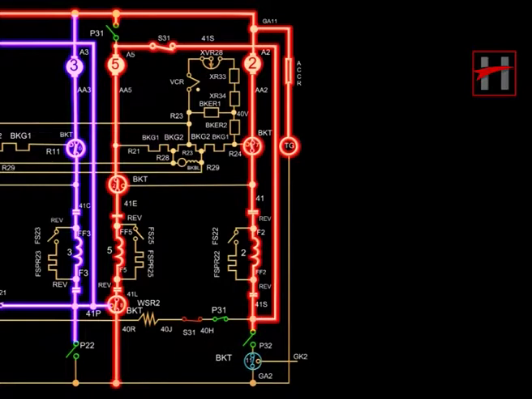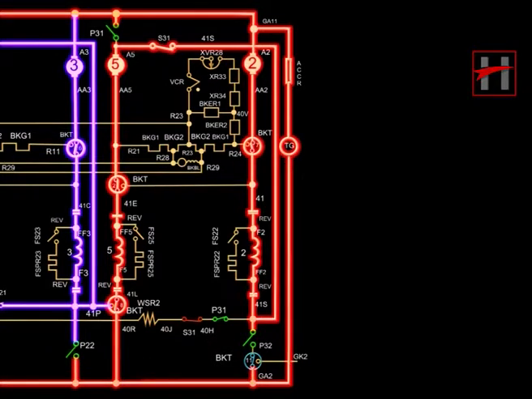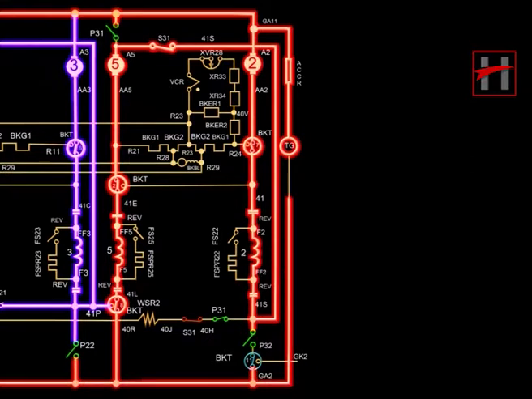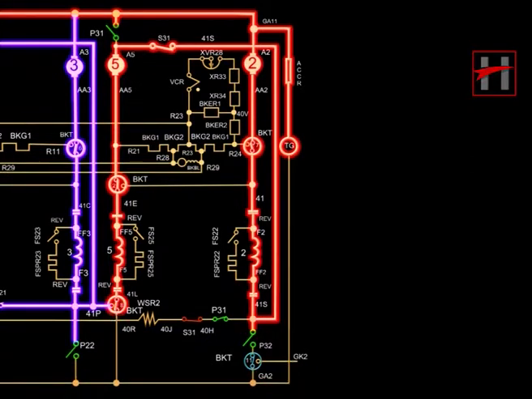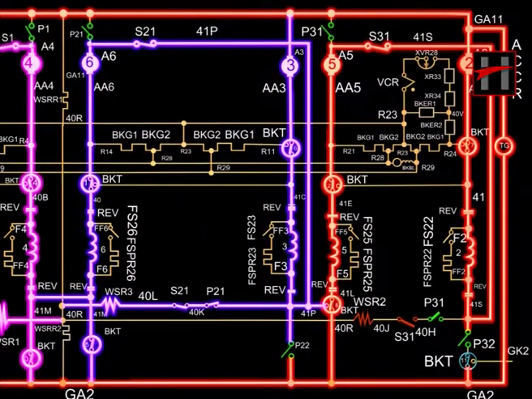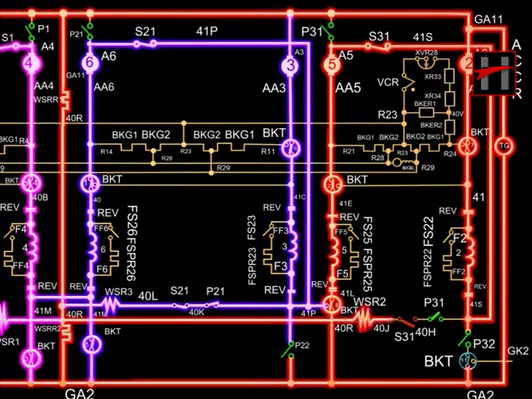The current completes its path through cable number GA2 via the reverser contact, cable number 41L and BKT contact 8. Wheel slip protection in the traction motors 2-5 combination is provided by WSR2, which is connected through the normally closed interlock of the parallel power contactors.